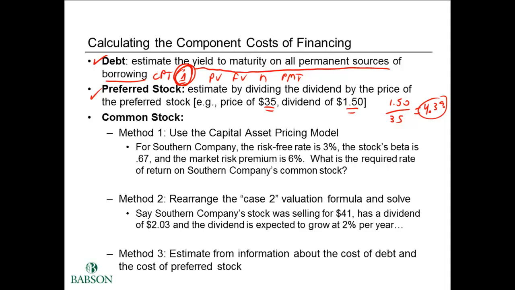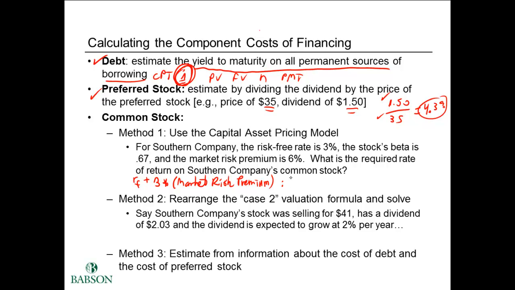So to estimate the cost of debt, solve for the yield to maturity by computing I. To estimate the cost of preferred stock, take the preferred stock's dividends for the year and divide by the current price. How about the cost of common stock or the cost of equity? We've already seen at least one method for this. Capital asset pricing model: risk-free rate plus beta times market risk premium.